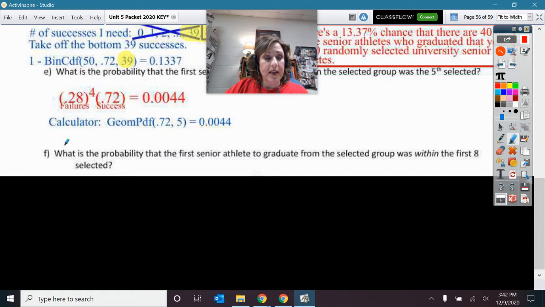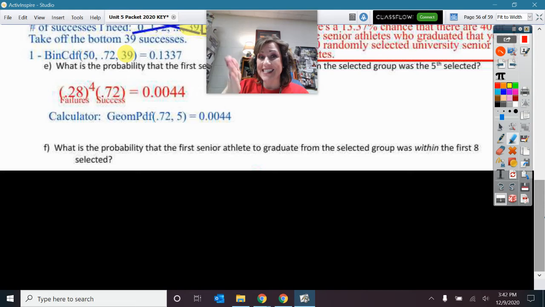Here we have the probability that the first senior to graduate is within the first 8. That means the first success can occur on the 8th or the 7th or the 6th or the 5th. It's an accumulation: the first success can occur in any of those first 8 spots. That's geometric accumulation.